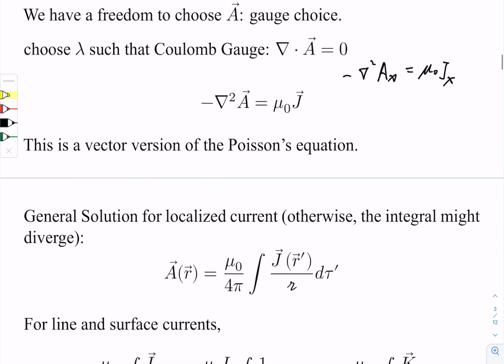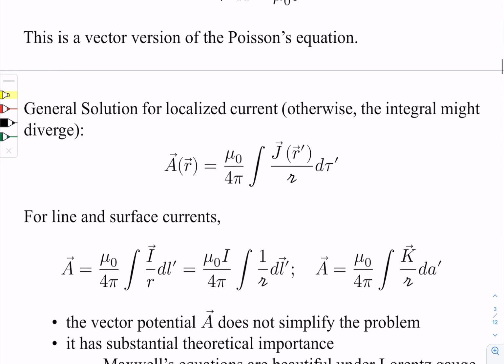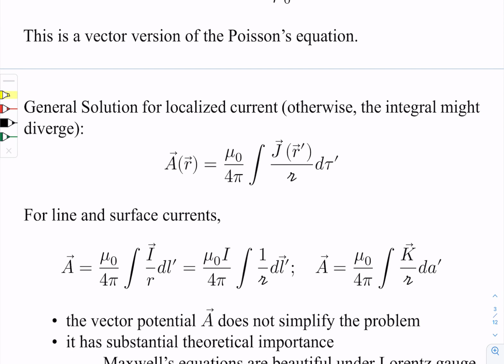So now we can simply write down the solution for this vector potential, because we know that for a localized charge distribution, the V field can be written as rho over the separation vector, integrated over all space. And likewise for the vector potential, we simply integrate over the localized current and divide by the separation vector.